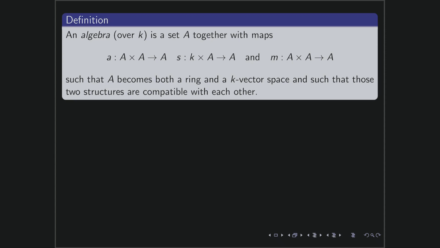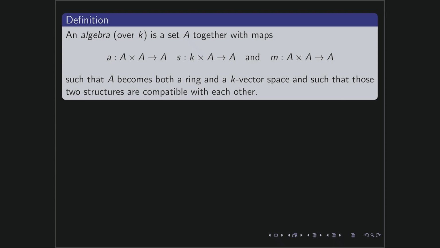So an algebra is just a set that has a K vector space structure, which I denoted with A, which is my addition, S, which is my scalar multiplication, and then M, which is my multiplication, so that A and S give a structure of a K vector space, and A and M give a structure of a ring. And I just want them to be compatible in some sense, as they satisfy associativity, distributivity, etc.